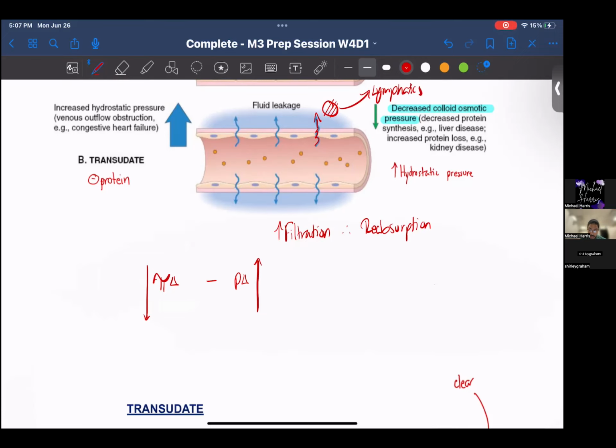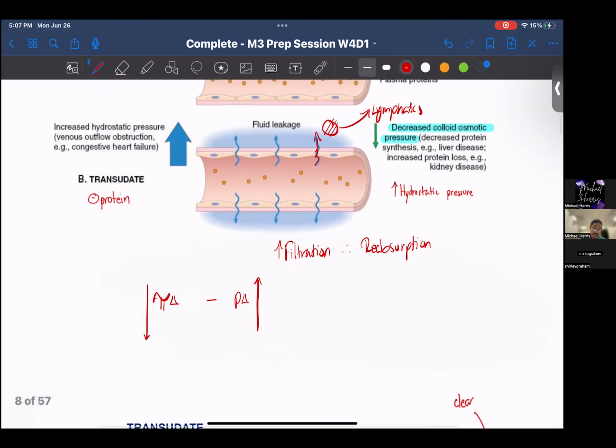Right? Now, there are different causes of increased filtration. One would be if you have increased blood pressure, right? If you have increased blood pressure, that means your pressure difference increases a lot more and you have more fluid being pushed out than reabsorbed, right? Now, the other example that leads to increased filtration has to do with a decrease in the oncotic pressure.